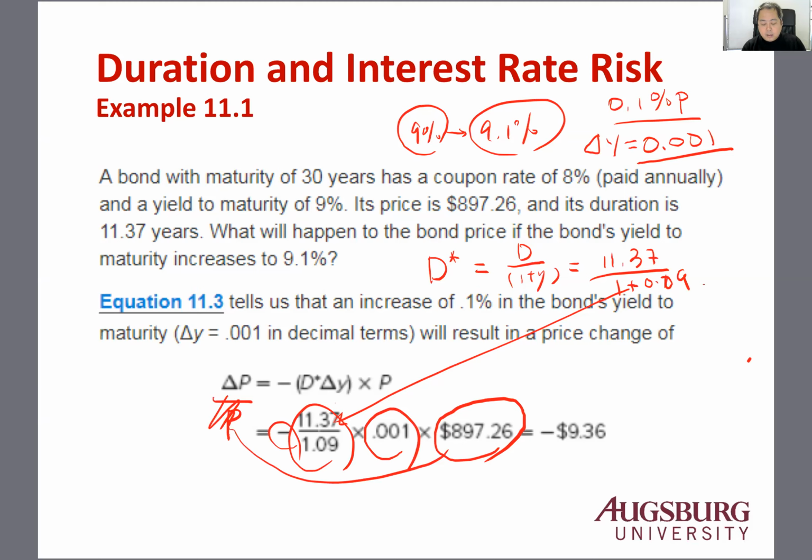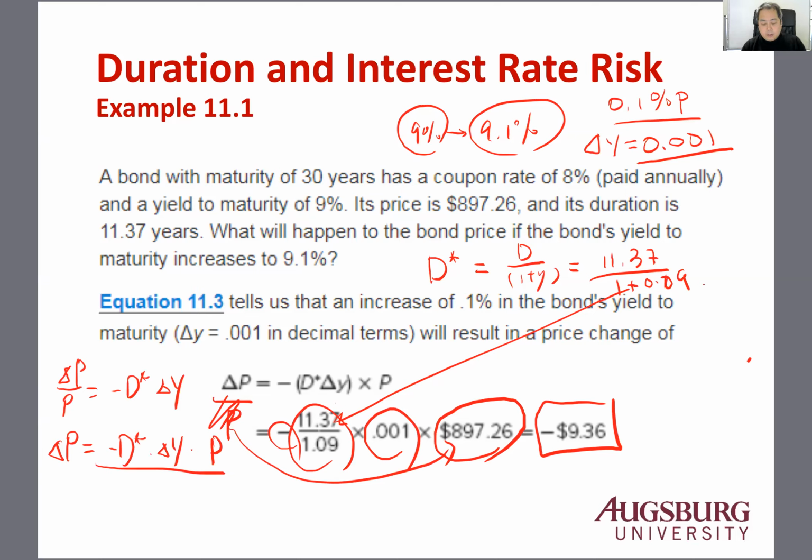Now times the price, then you can get the new price change. Because delta P over P equals negative D star, modified duration, times delta y. So delta P, the price change, equals the modified duration times delta y, the interest rate change, times the price. So it decreased by $9.36. That's the relation between the duration and the interest rate risk.